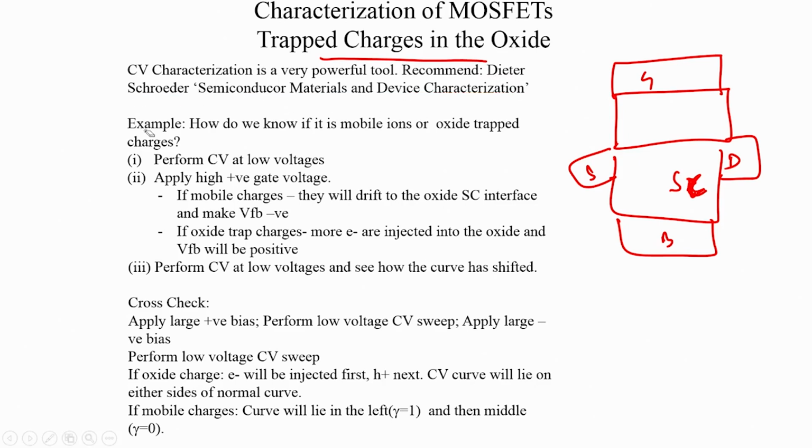It is a good textbook to look at, but once again this is a very exhaustive topic, just characterizing insulator trap charges, and we do not have the time, nor is it the goal of this course to focus on this aspect for so long.